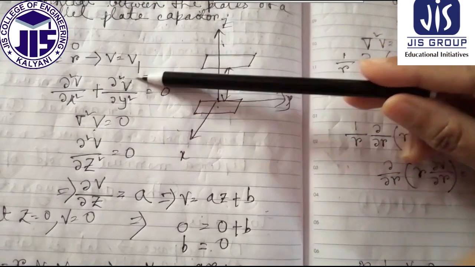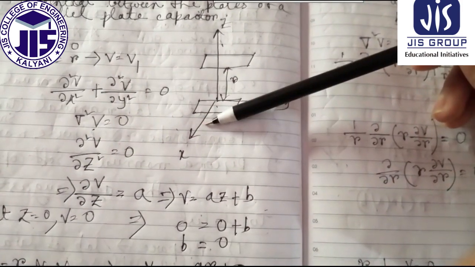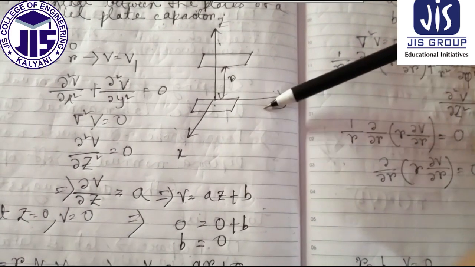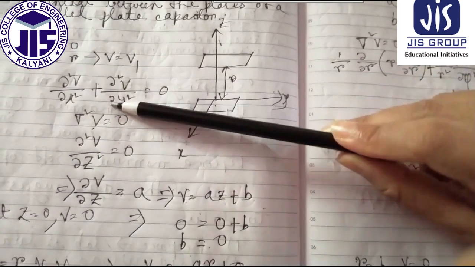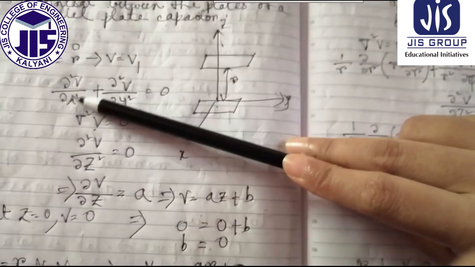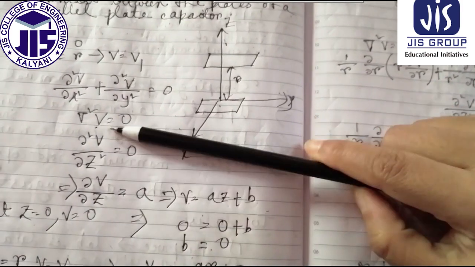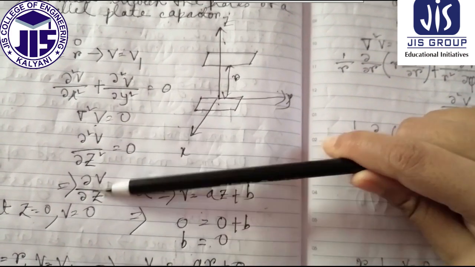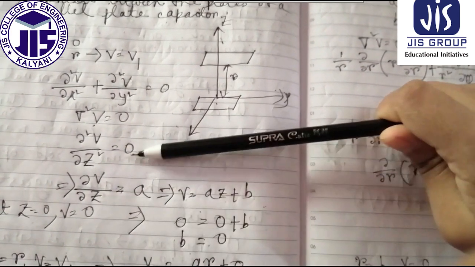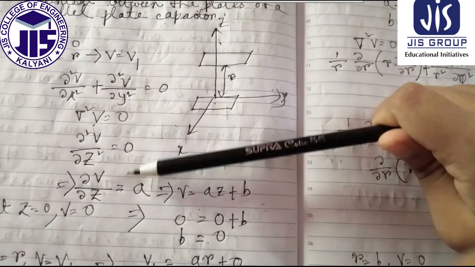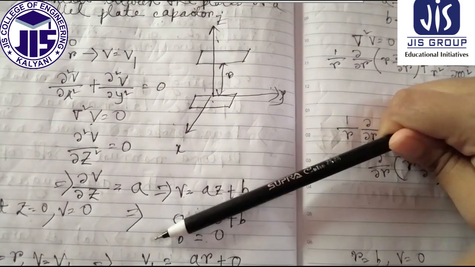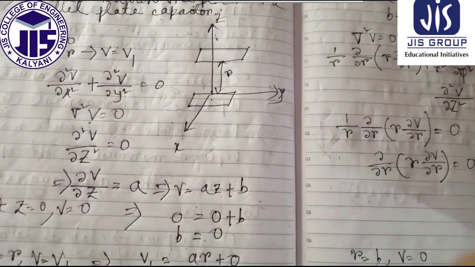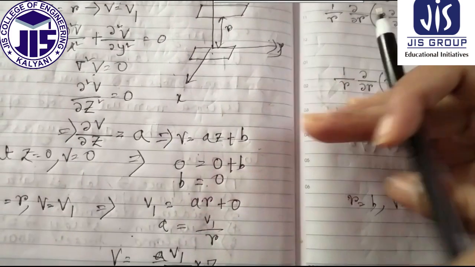At z equal to r, V equal to V1. Therefore, the potential along the x and y axes is 0. By the Laplace equation, as we know, Nabla square V equal to 0. Therefore, del square V by del z square will be equal to 0. So V equals az plus b. This is the simple integration which we had done.